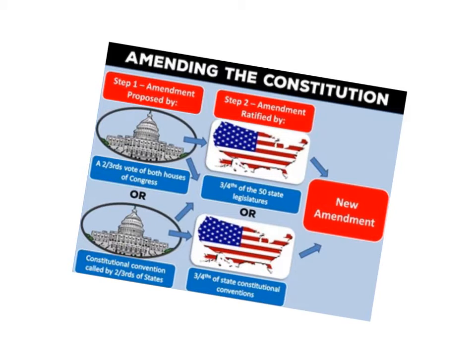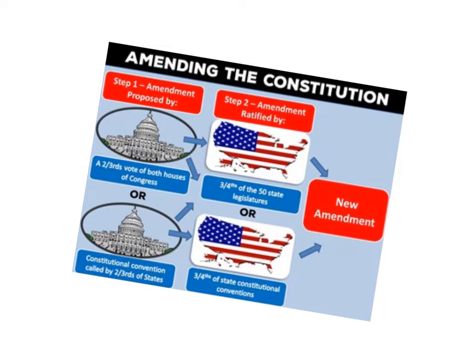Once one of those things has happened, then we go to step 2, which means we either need 3/4 of all 50 state legislatures or 3/4 of the state constitutional conventions to also agree that we need a new amendment.